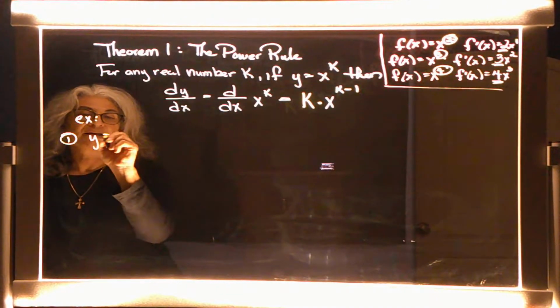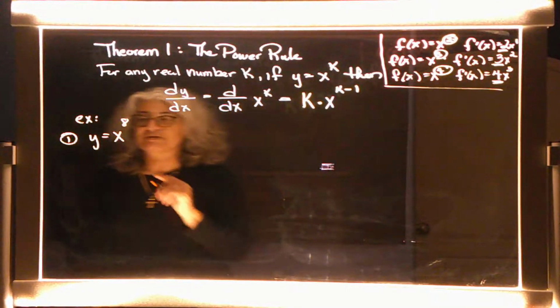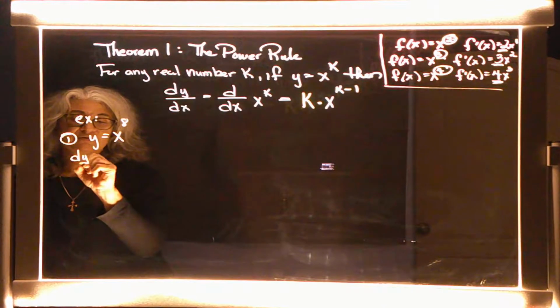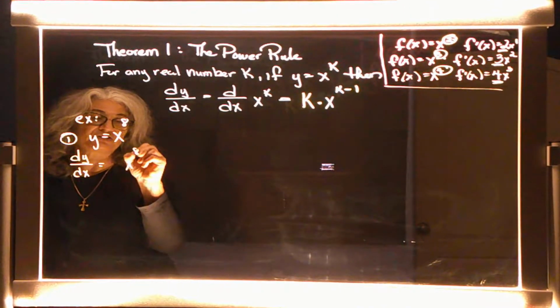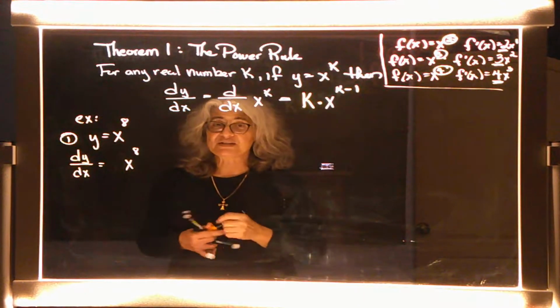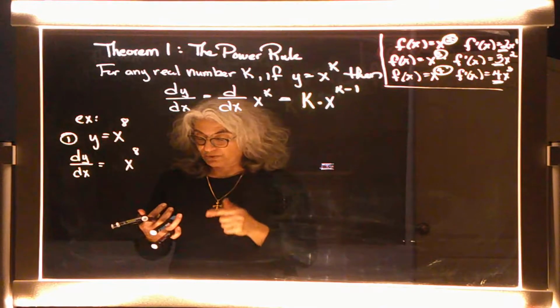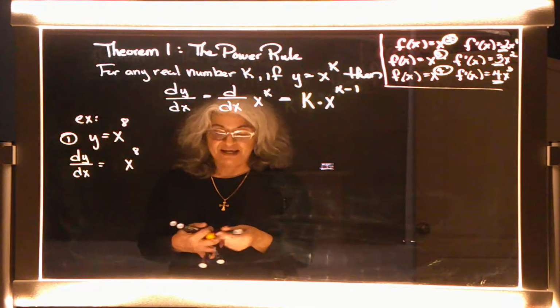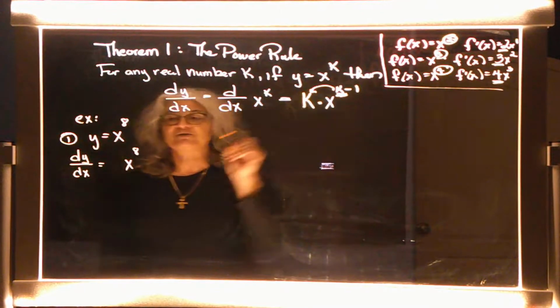How about y equals x to the power of 8? If I want to take the derivative of this, the derivative of y with respect to x, here's the original function. What's the first thing I'm going to do based upon this theorem? Correct. I am going to take my power and bring it down in front.